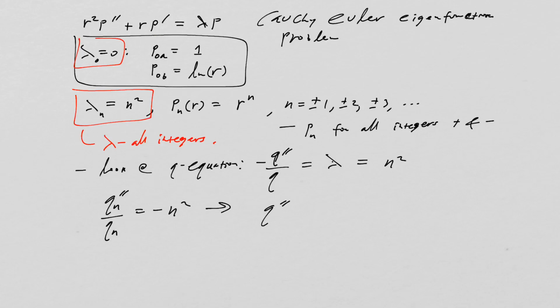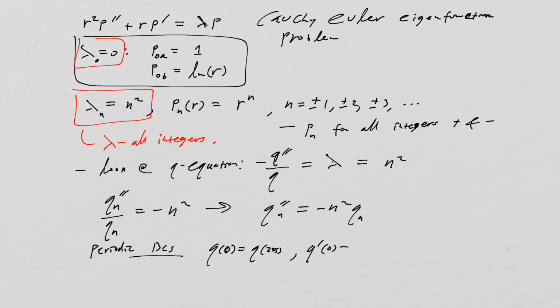We can write that as Q double prime n is equal to negative n squared Qn, like that. All right, and we have periodic boundary conditions. So that means that Q of 0 is equal to Q of 2 pi, and Q prime of 0 is equal to Q prime of 2 pi.